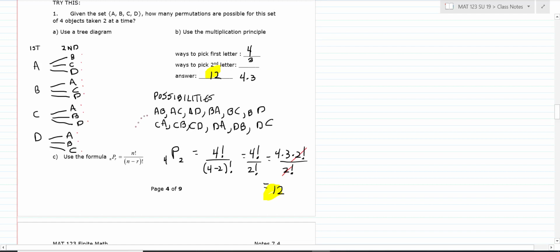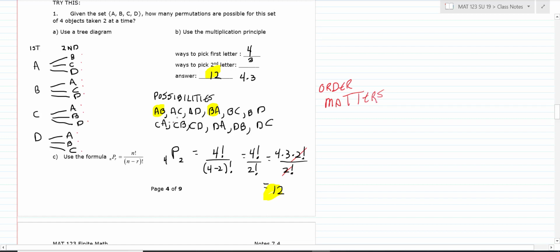The possibilities, I wasn't requiring you to list the possibilities, but it's worth writing down. To do this, you'd have AB, AC, AD, BA, BC, BD, CA, CB, CD, DA, DB, DC. Those are your 12 possibilities. Now, a couple of things I want you to notice on this too is order matters. And that's kind of an important thing on a permutation.